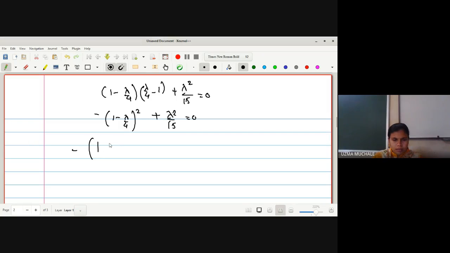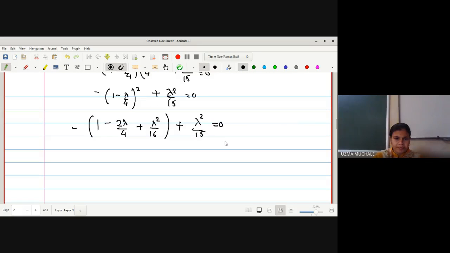This will be 1 minus 2 lambda upon 4 plus lambda square by 16 plus lambda square by 15 is equal to 0. With negative sign, it is minus 1 plus lambda upon 2 plus lambda square by 16 plus lambda square by 15 equals 0.